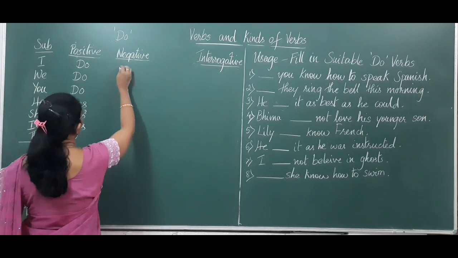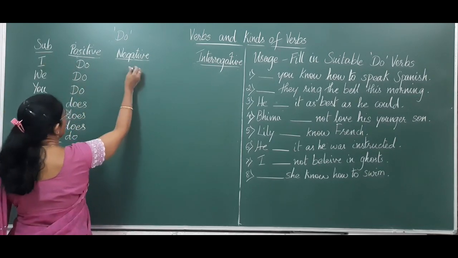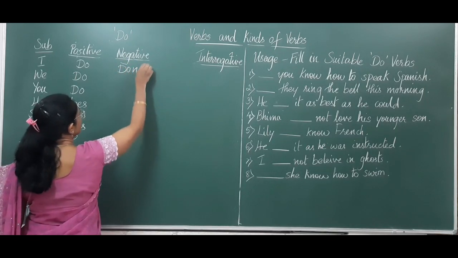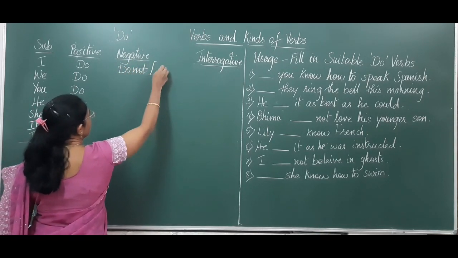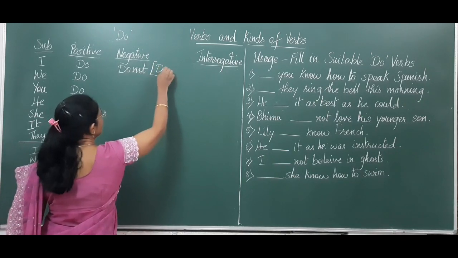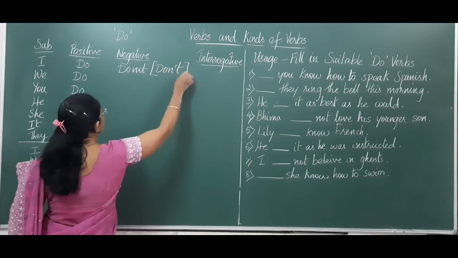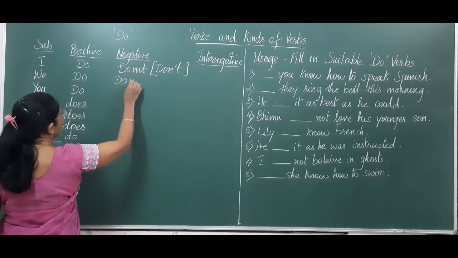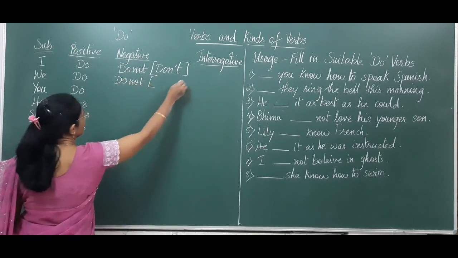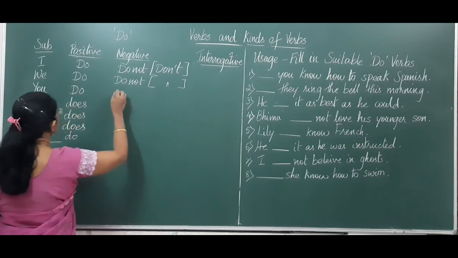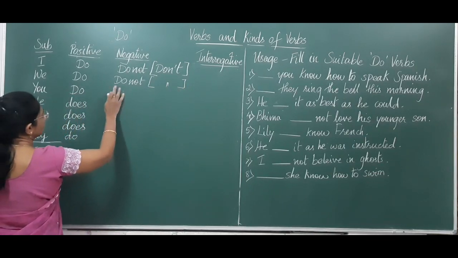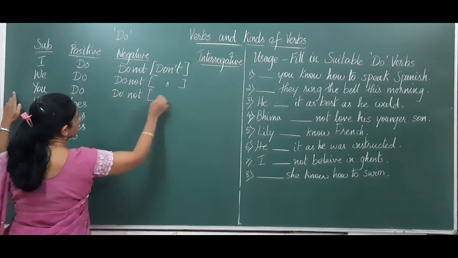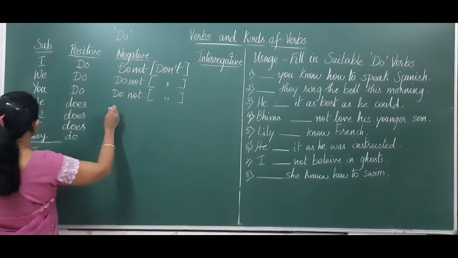In the negative form, subject I takes I do not, made short as don't. For subject we, again do not, made short as don't. You also takes do not, made short as don't.